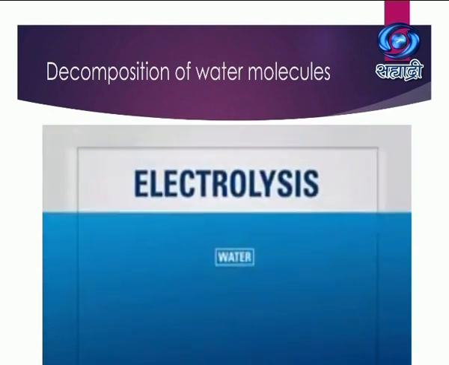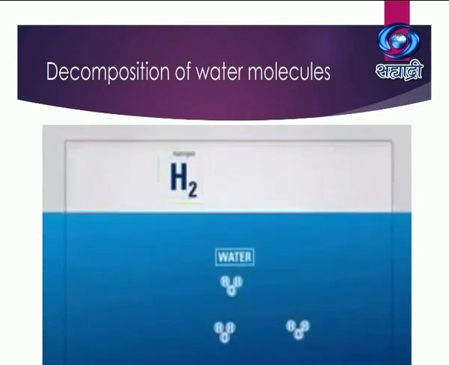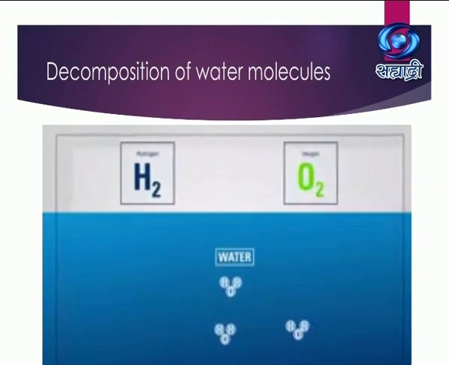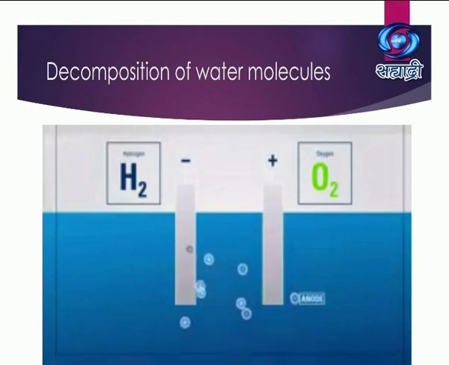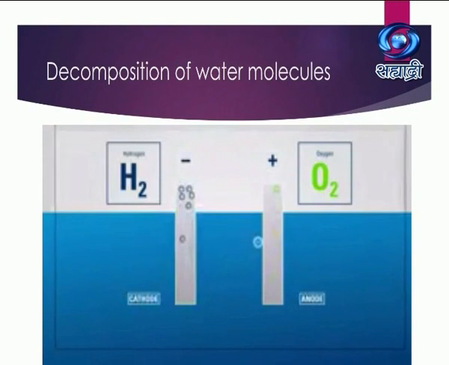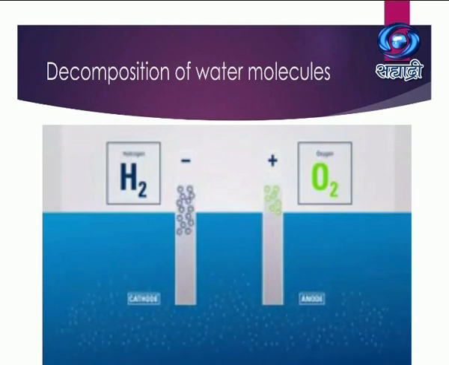Here we can see electrolysis of water, that is decomposition of water. As we are using electricity here, it is called electrolysis. As soon as the electric current passes through it, water gets dissociated or decomposed into H2 and O2, and they get accumulated at the respective electrodes.